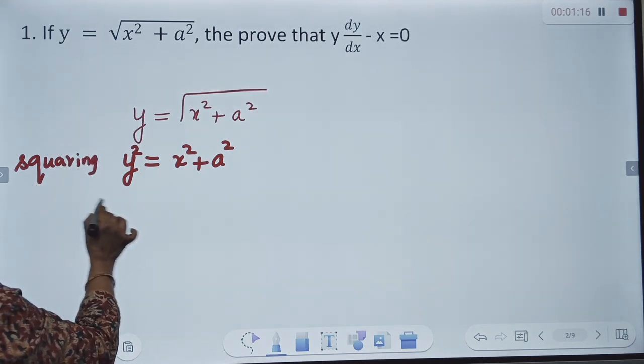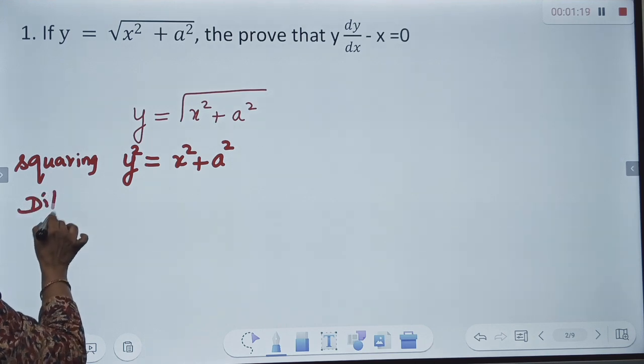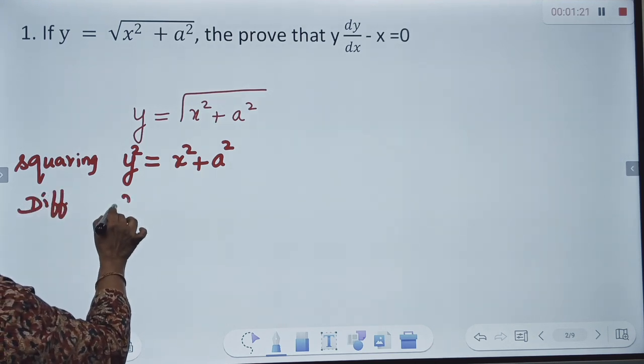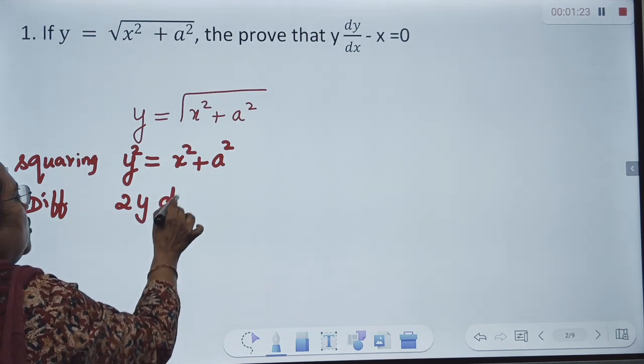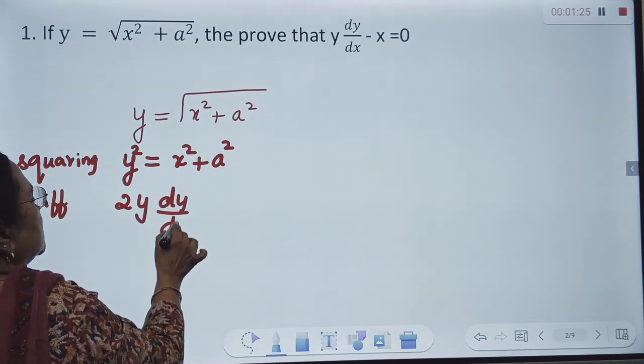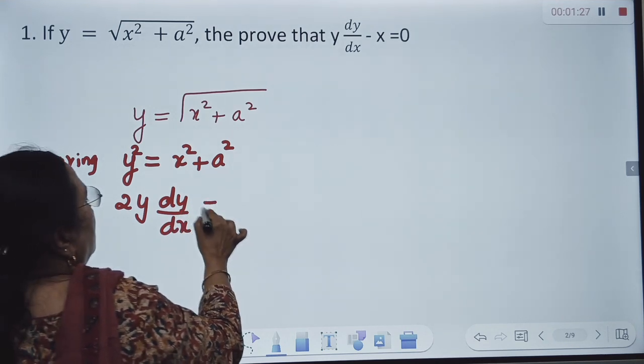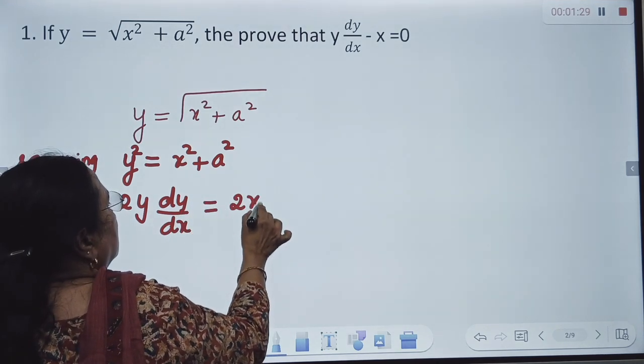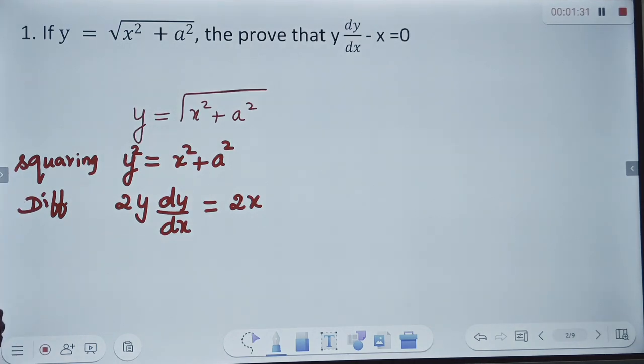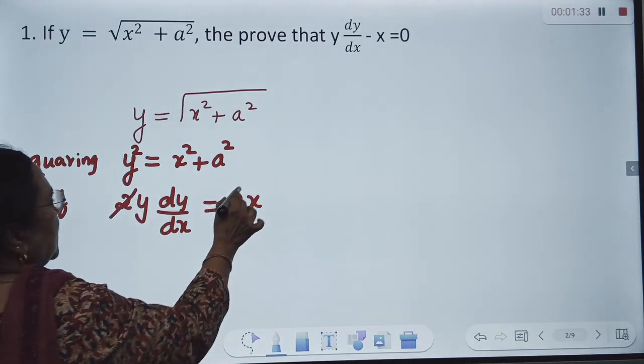Now differentiating, I get 2y into dy by dx equal to 2x, derivative of a square is 0. Now 2 gets cancelled.